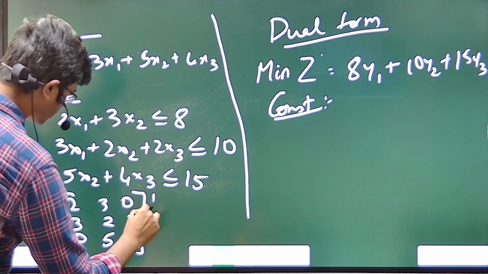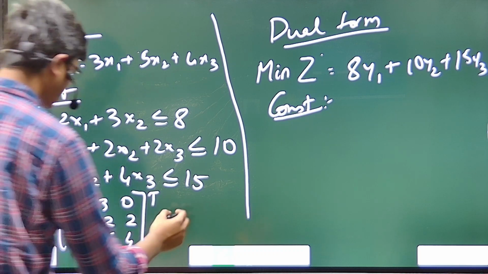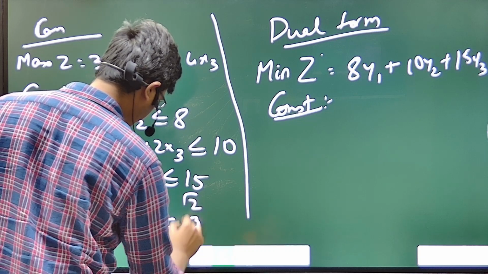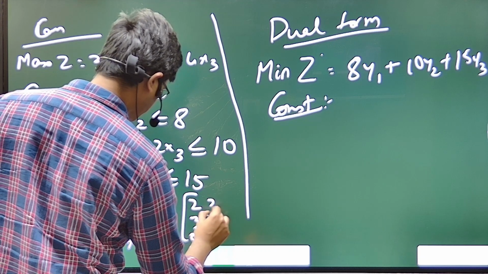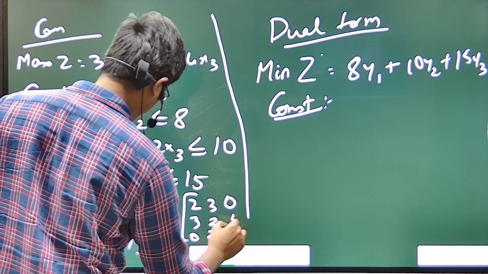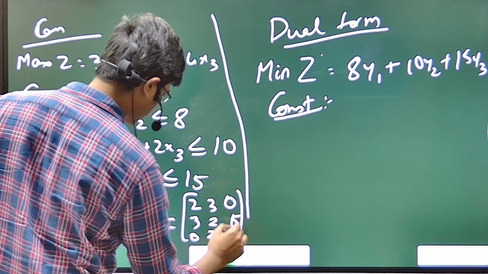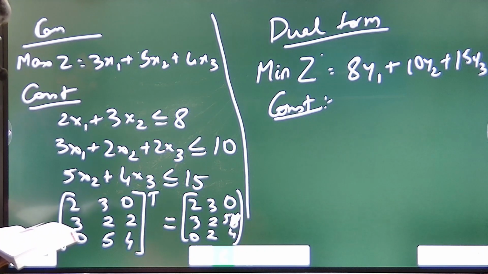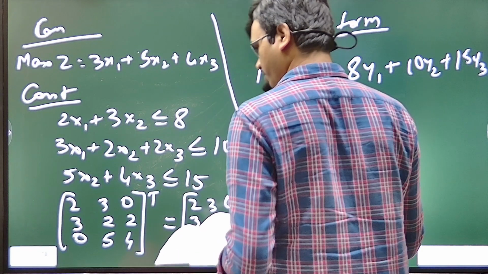Let us transpose this. What will happen? 2, 3, 0, 3, 2, 2, 0, 5, 4. So let us write the same.